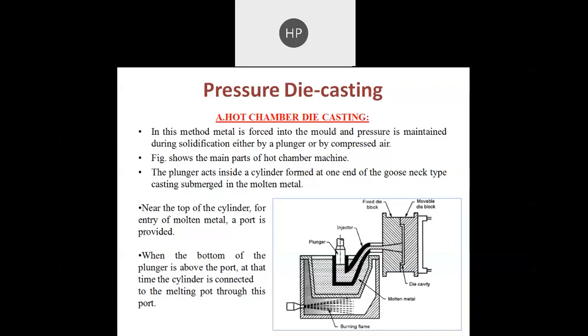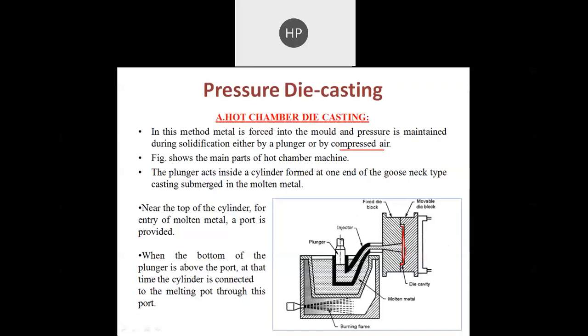In that die cavity the molten metal is cooled, and after solidification we just remove it by opening the die. So this is how the hot chamber die casting process works. In this method, molten metal is forced into the mold and pressure is maintained during solidification either by the plunger or by compressed air.